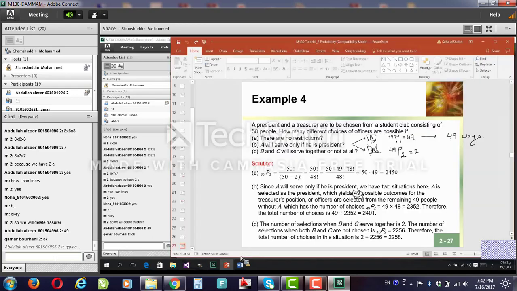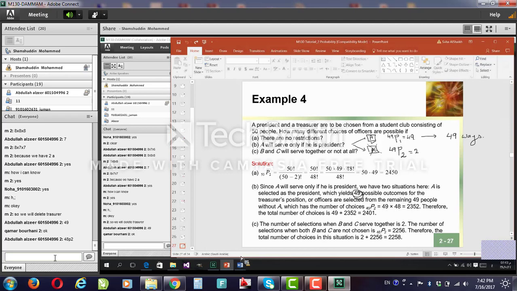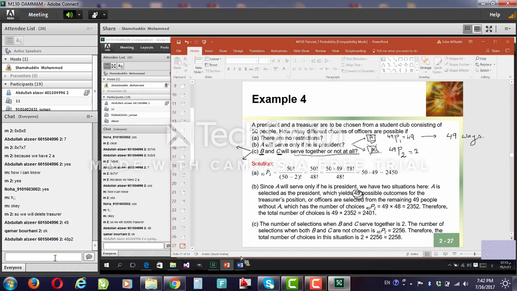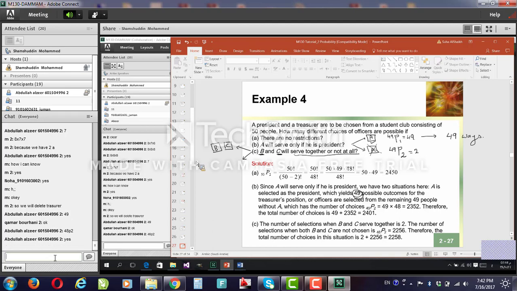Okay. So if I choose them, if I choose B and C, one is treasurer, the other one is the president, so I will have two options.